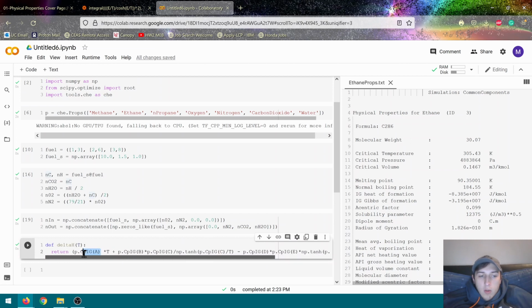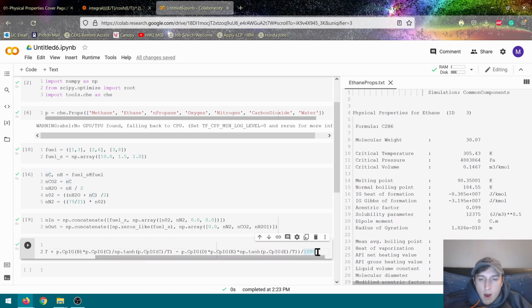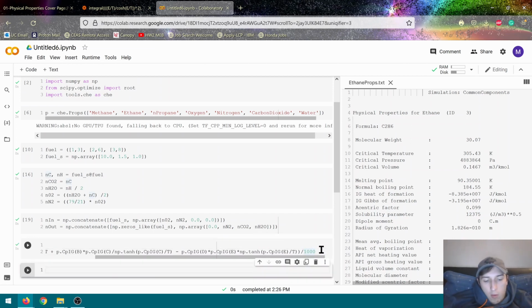So it will be able to provide us, based on the chemical that we are choosing, what each of these coefficients would be. And in our final formula, we are dividing by 1,000, because this is in kilomoles, in order to solve for the number of moles. So you can see this formula appears to be good, and we're going to move forward.